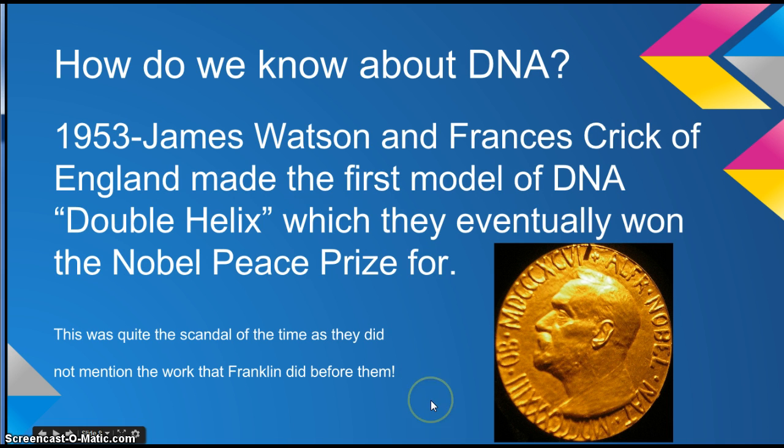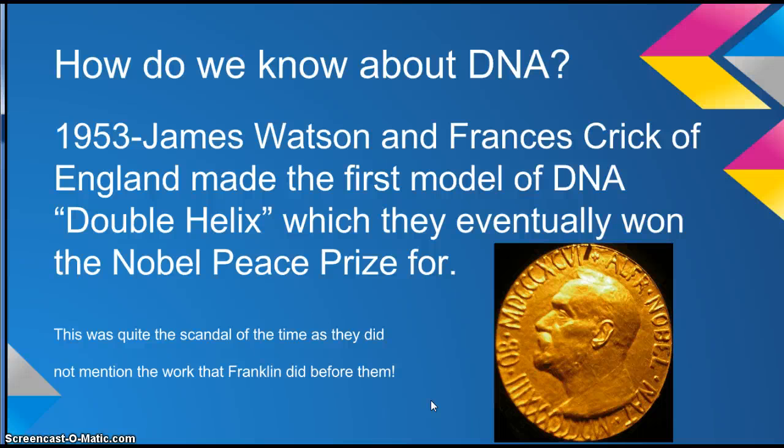Now, because of her work, the two gentlemen she worked with, James Watson and Francis Crick, made the first model of DNA, which they termed the double helix. And eventually, the two gentlemen were awarded the Nobel Peace Prize. Now, the Nobel Peace Prize is a pretty prestigious award, and even at that time, it was pretty prestigious.